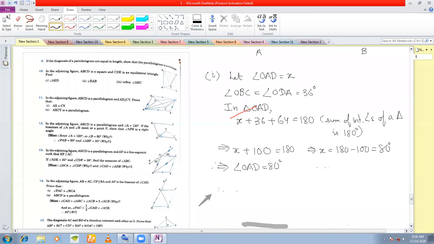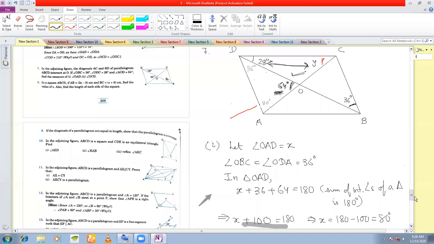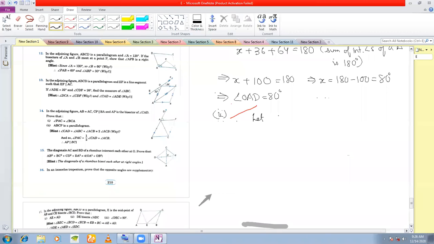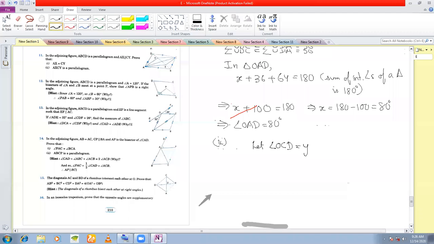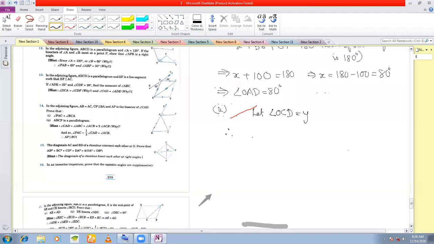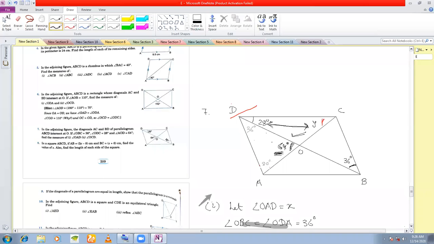Fine. So for the second one, we let angle OCD equal y. Now, this angle 64, as I said, is the exterior angle of this triangle. So 64 must be equal to y plus 28, the two interior opposite angles.